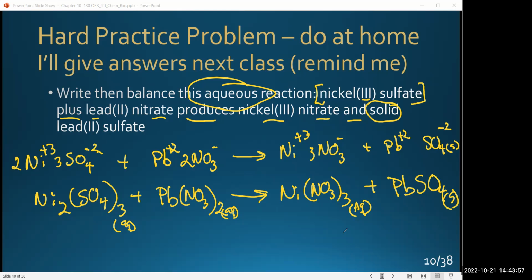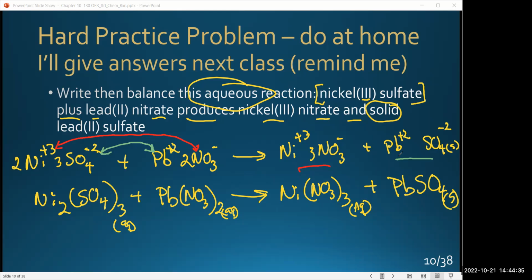Okay, so look at what happened. The respective ions simply exchange partners. The nickel recombined with the nitrate to form the nickel nitrate, and the lead recombined with the sulfate to form lead sulfate.